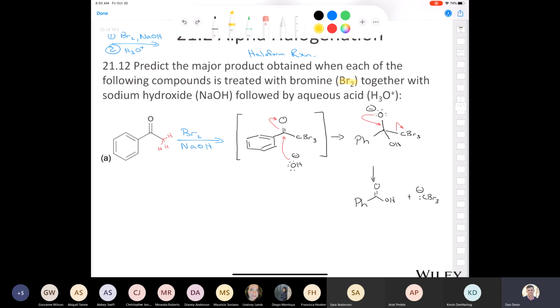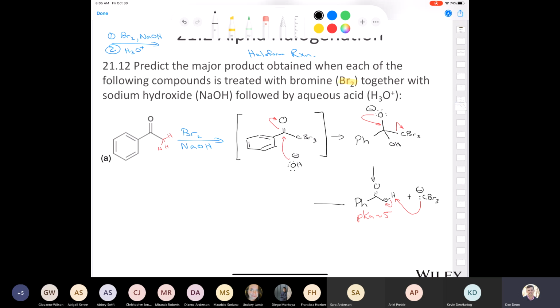The reason why is because the first part of the reaction isn't done. I have a strong base, and the pKa of a carboxylic acid like benzoic acid is around 5. So this is going to behave as a base. Maybe I should draw the bond out here explicitly. Let me draw my oxygen and hydrogen bond like this again. So this is going to behave as a base like this and deprotonate.